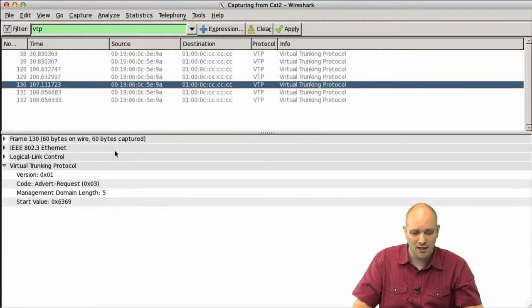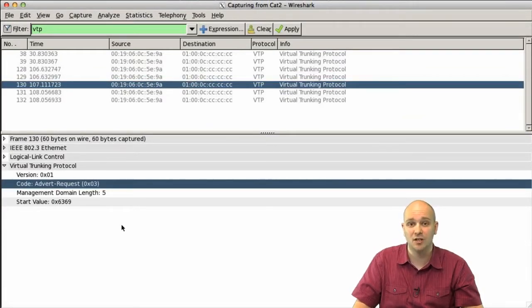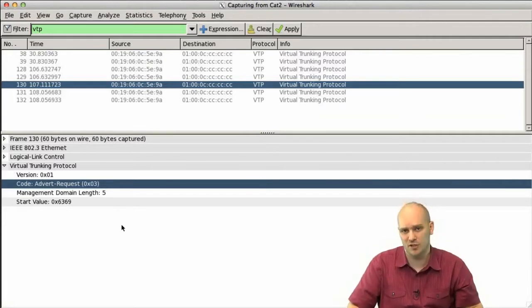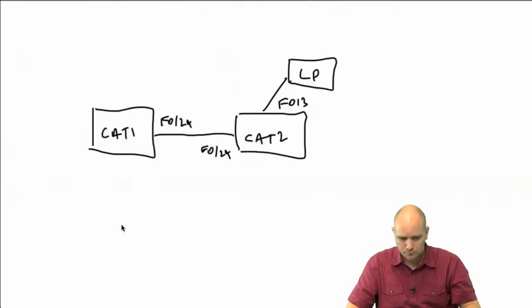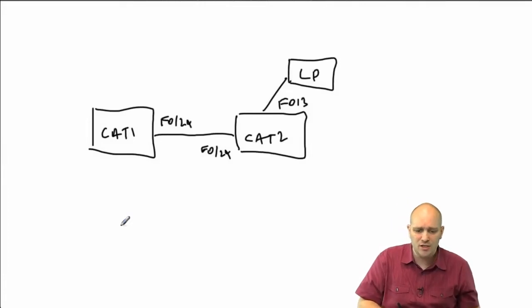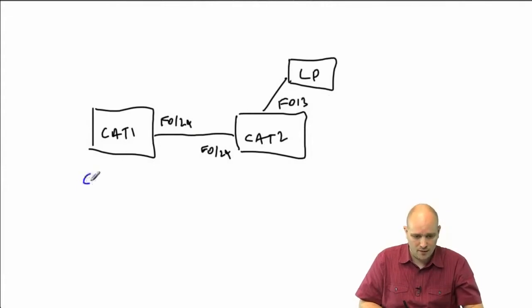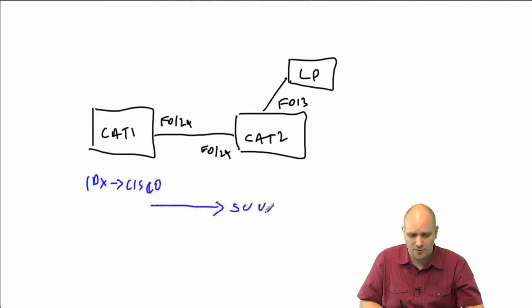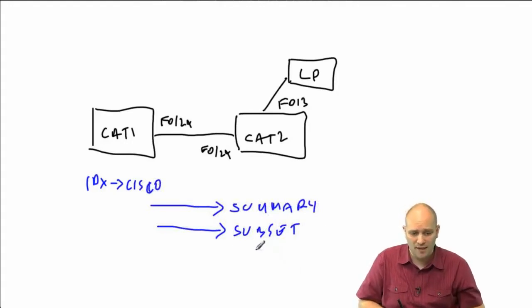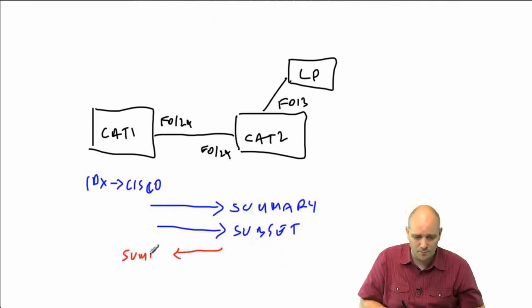This message here is actually an advertisement request. Why do I get the advertisement request here? Well, here is why. Because when I change the domain, so domain changed from IPX to Cisco, what happened is that I sent the summary advertisement, I sent the subset, but also what happened here was that from Cat2 I received a summary here.